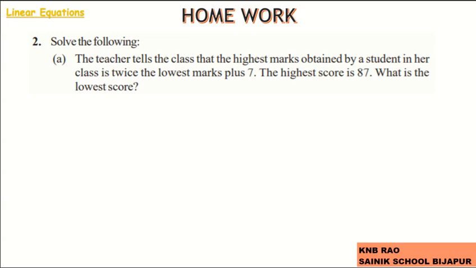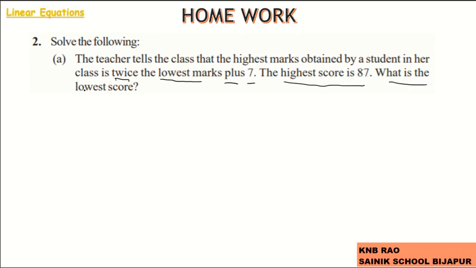In them, the first sub question is, a teacher tells the class that the highest marks obtained by a student in her class is twice the lowest marks plus 7. The highest score is 87.